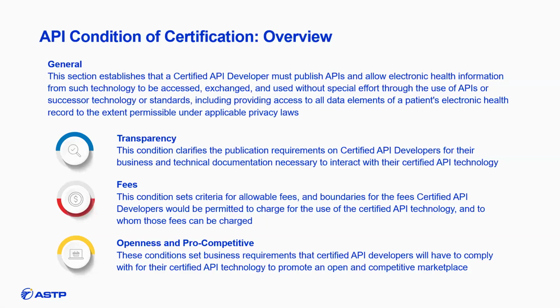So starting with an overview of the API condition of certification requirements. If you look at the reg text, we have several different sections. We start with a general section, which outlines that certified API developers must publish APIs and allow electronic health information from this technology to be accessed, exchanged, and used without special effort through these APIs, including providing access to all data elements of a patient's electronic health record to the extent permissible.